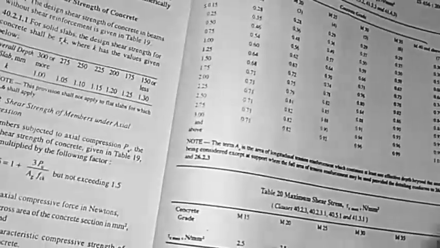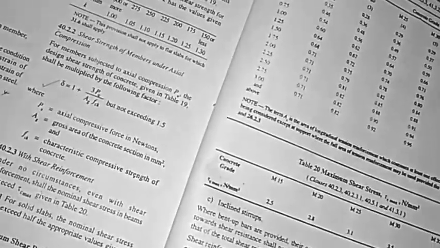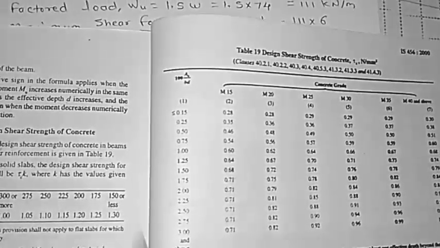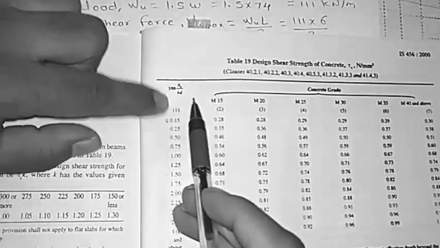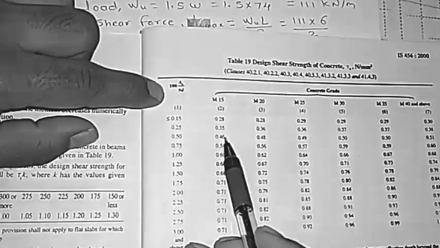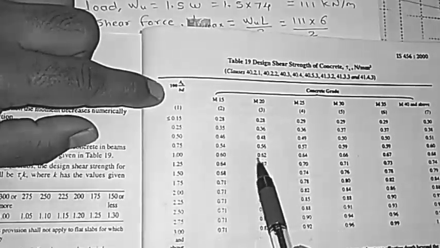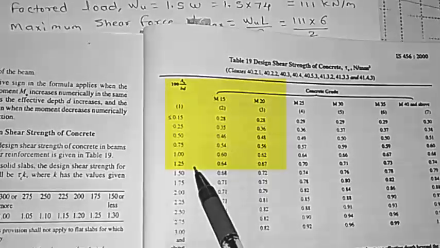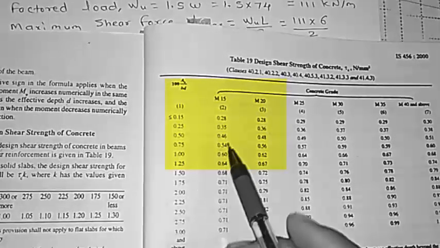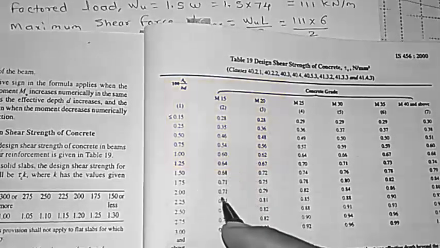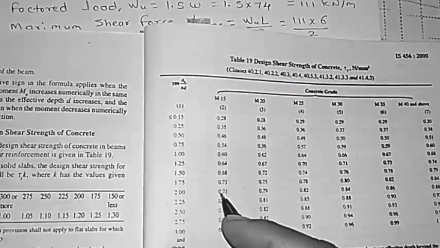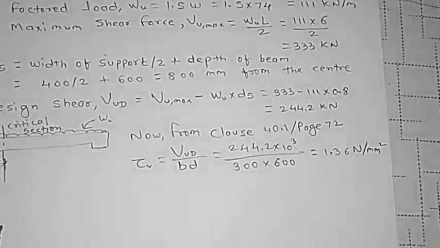It depends upon the grade of the concrete and the percentage of steel, 100 As by bd. We have M20 grade of concrete. Once we get this, we will get tau c, and depending upon tau v and tau c, we then need to calculate the shear reinforcement.